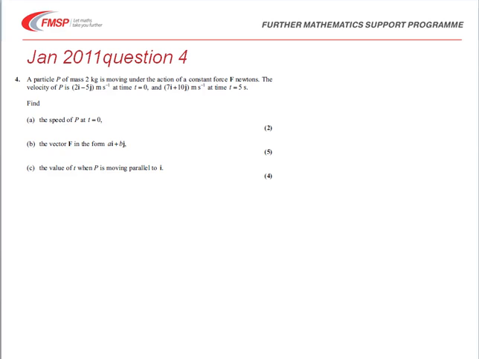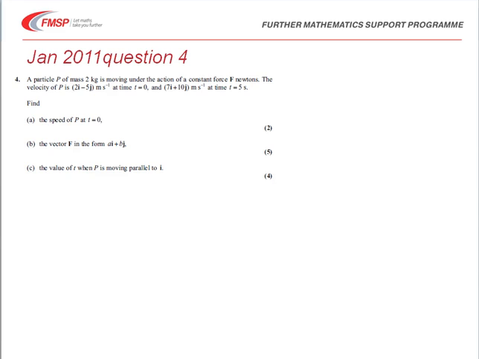So with that information, we first of all have to calculate the speed of P at time 0, the vector form of F, so in the form ai plus bj, that's finding the value of F, the force which is producing the acceleration, and then the value of t when P is moving parallel to i.